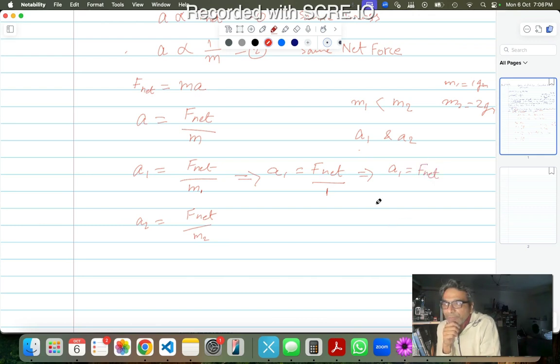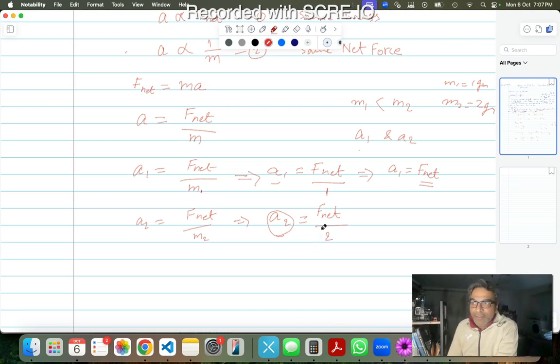Here, what will happen? Tell me. F net over 2. So what happened to the acceleration? If we compare now a1 with a2, a1 is F net and a2 is half of F net, right?